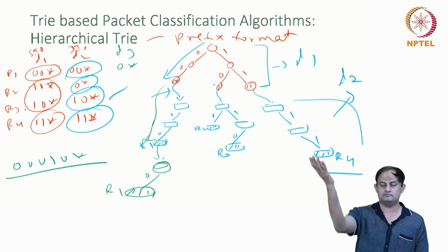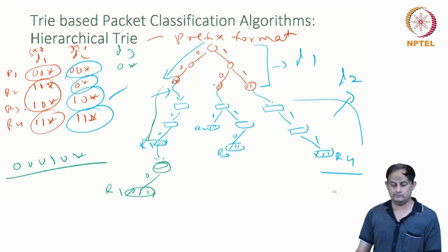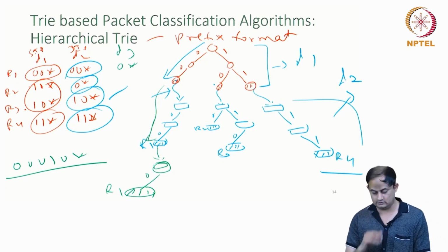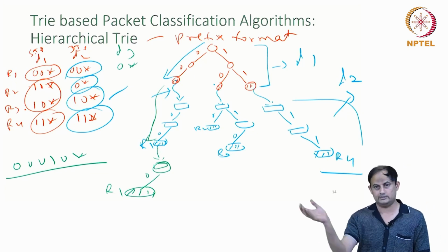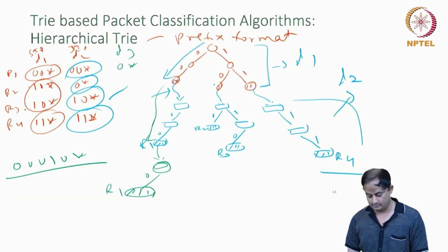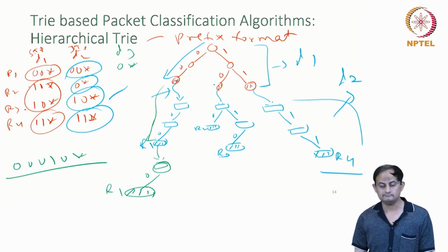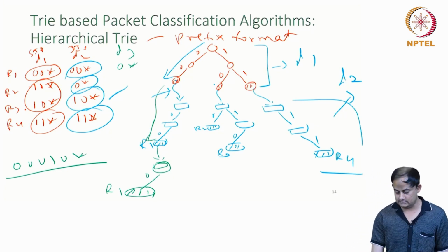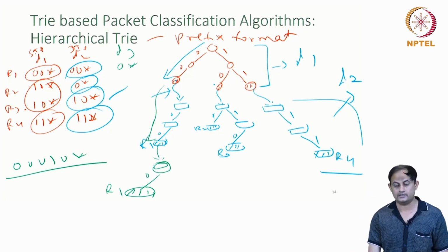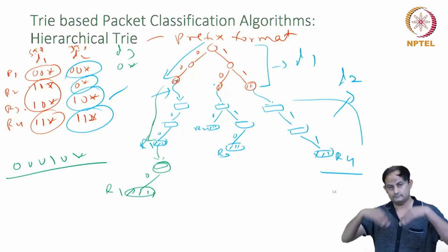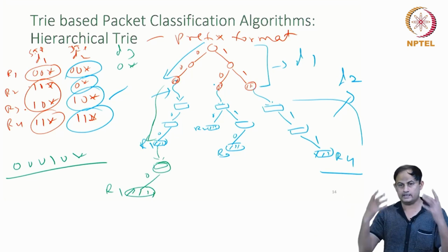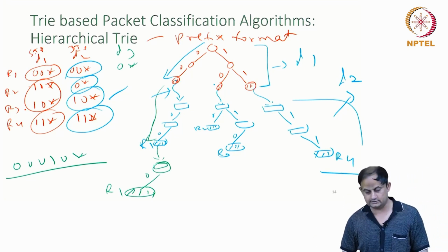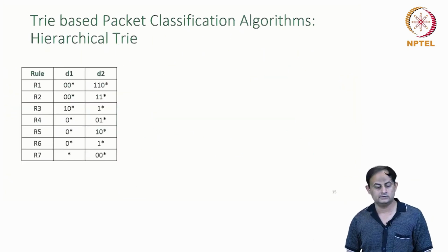When it fails, we'll come back to that in a minute when we discuss the performance of this algorithm, after taking a couple more examples. So this is how you construct the hierarchical trie, with a binary trie for every dimension attached appropriately inside this structure. So let's take a second example.